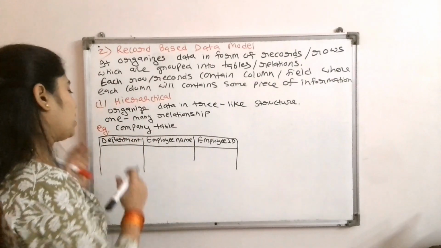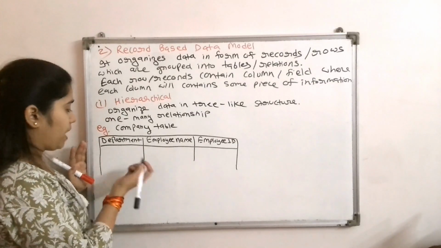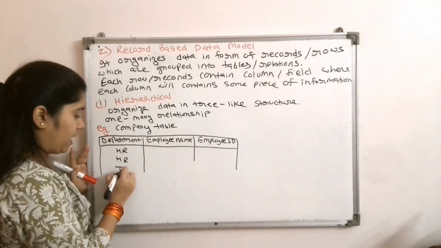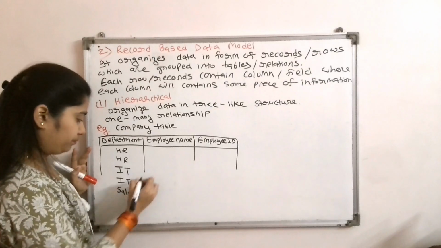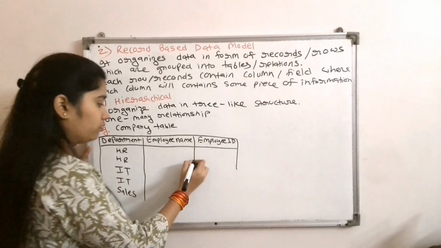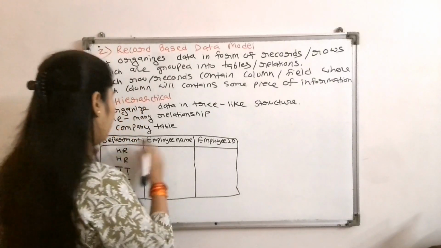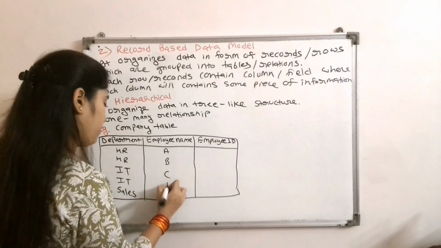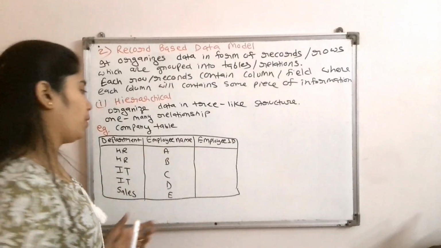Columns of the company table, which are the department, employee name and the employee ID. Let's fill the table. Suppose in the department we are having the HR department, IT department and the sales department. And in employee name, suppose we will take it as A, B, C, D. We are having 5 rows, 5 employees.